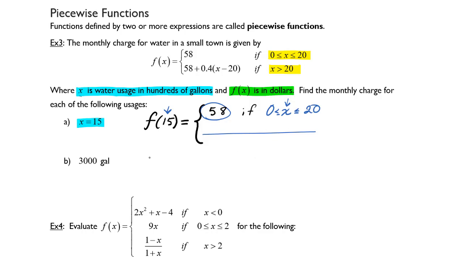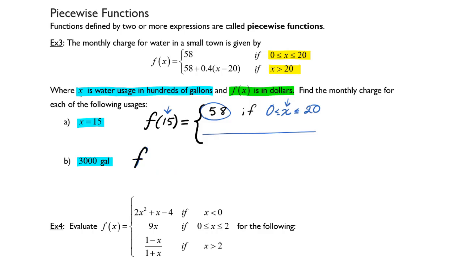Now, the second example says f of 3,000 gallons. Now, if I think of this as 3,000 gallons, this is still water, so I am going to highlight that in blue. Blue is my input.